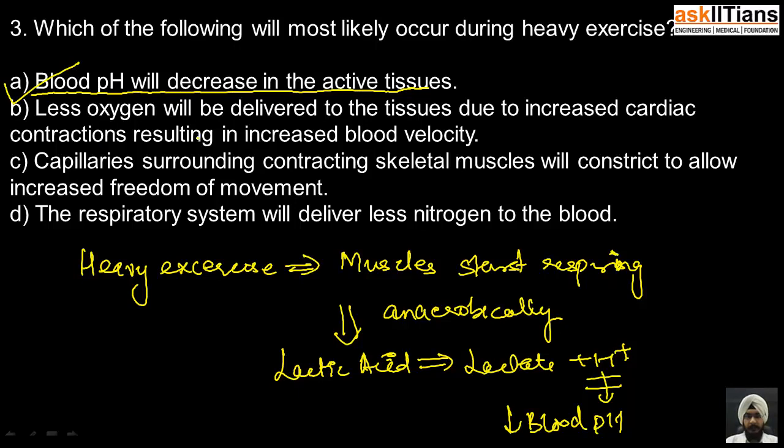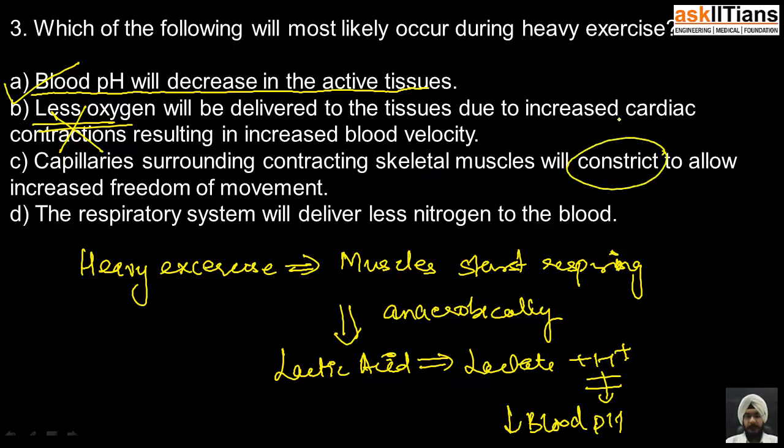Option B will not be correct because less oxygen will be delivered to the tissues due to increased cardiac contractions resulting in increased blood velocity is incorrect, because due to increased cardiac contractions, the system compensates by delivering more oxygen, not less oxygen. So this is incorrect. Also there will be no constriction of the capillaries surrounding skeletal muscles.